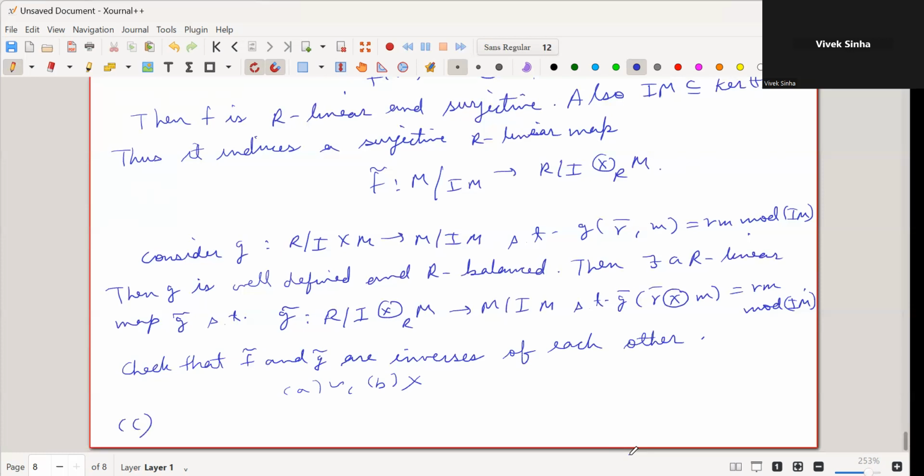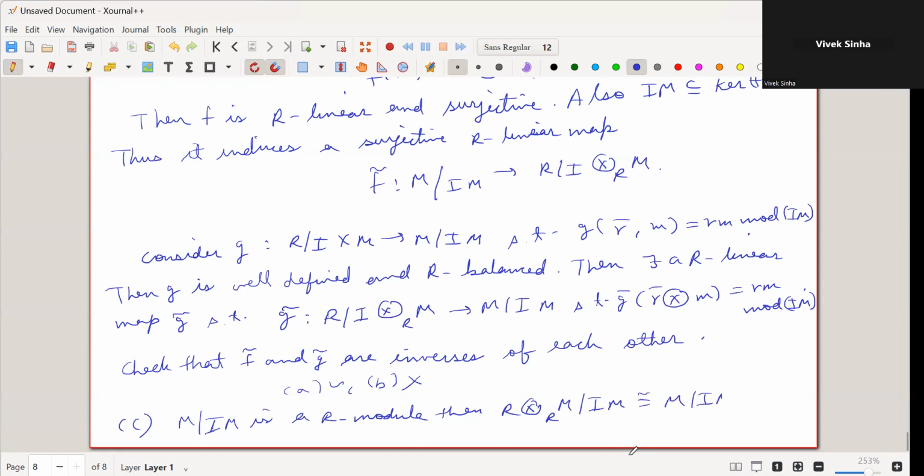For C, what is needed? M modulo IM is an R module, and the tensor is also taken over R. R tensor M modulo IM over R is again the same thing, right?